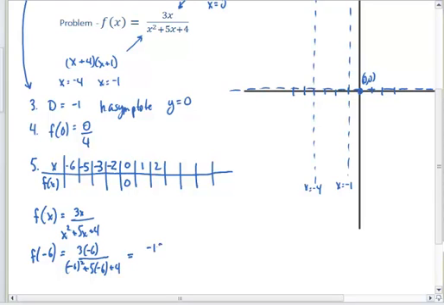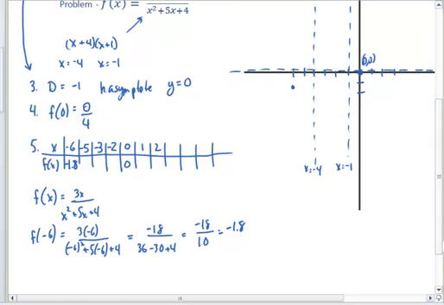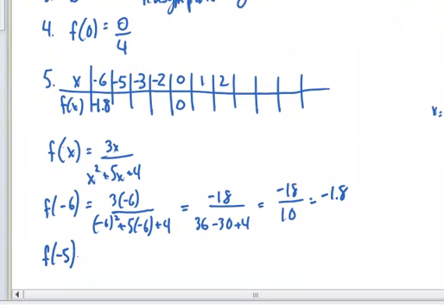And I'll find that's -18 divided by 36 minus 30 plus 4, which will be negative 18 over 10, which equals negative 1.8. So that tells me I'm at negative 1.8, which is around there. So I'm going to use one more test point. And that's going to tell me I'm at 3 times negative 5.